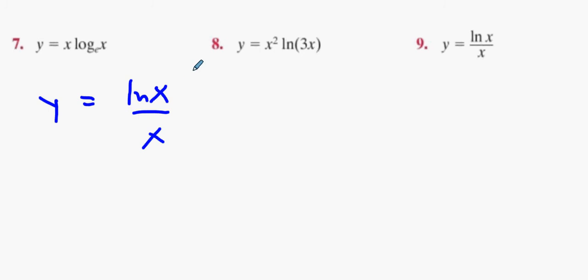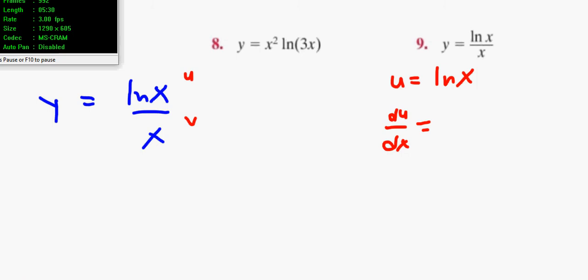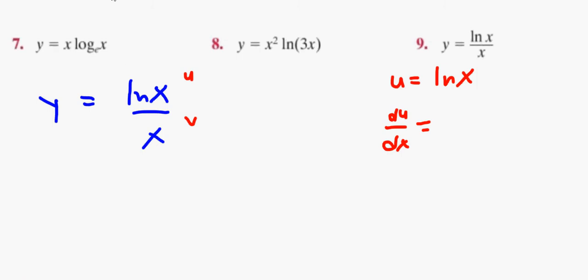Alright, lads. Connor chose the quotient rule for me. So that's u and that's v. Alright, Connor, what happens when you differentiate ln x? Differentiate ln x.